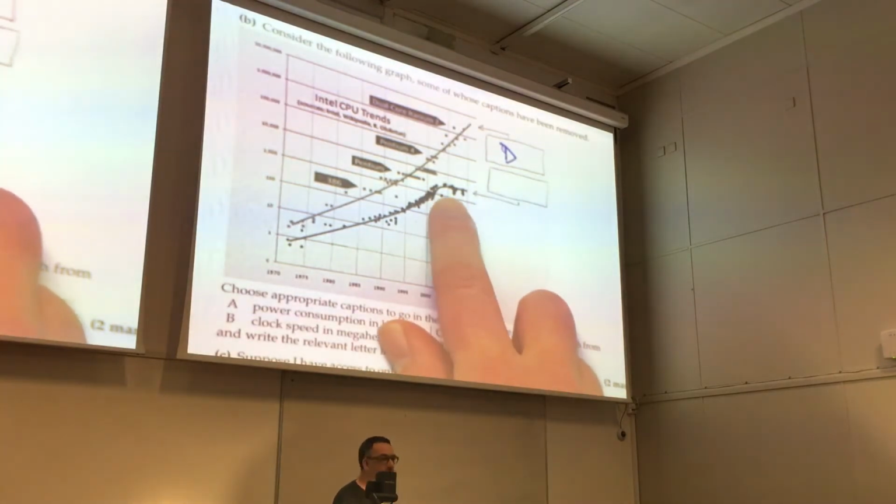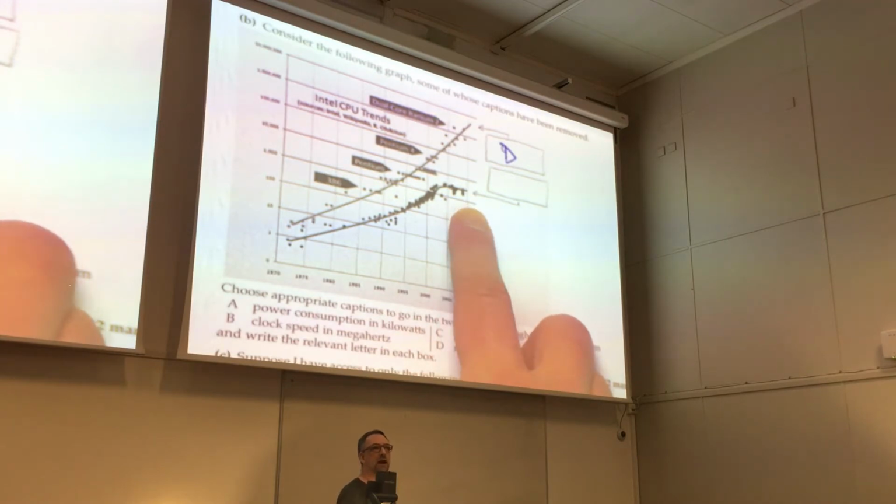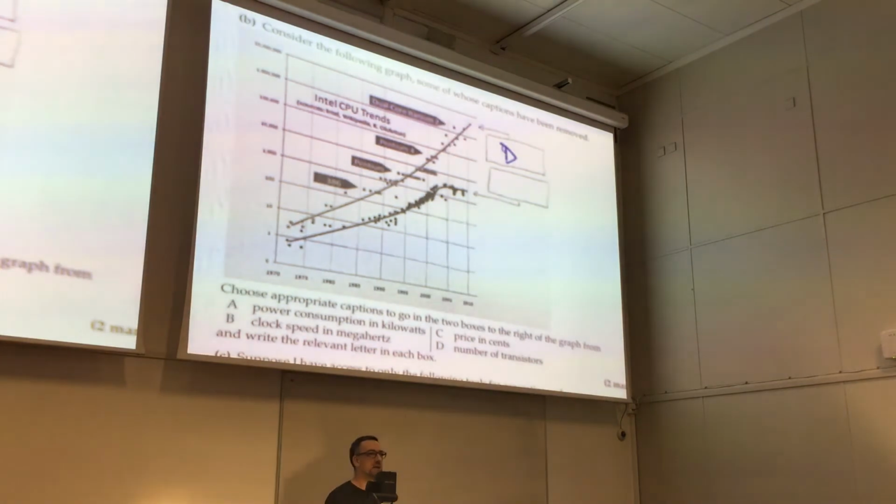Things made it to a little over a gigahertz around about 2000. The machine I'm using these days is about 2.5 gigahertz, which in the best part of 20 years is rather than just going up and up and up.